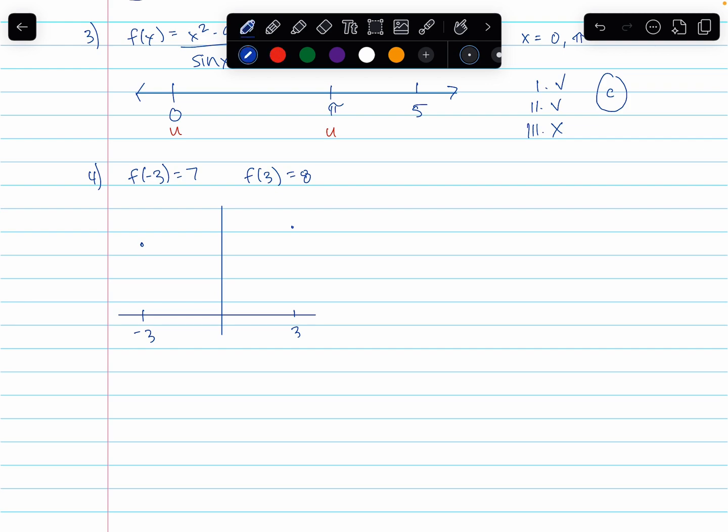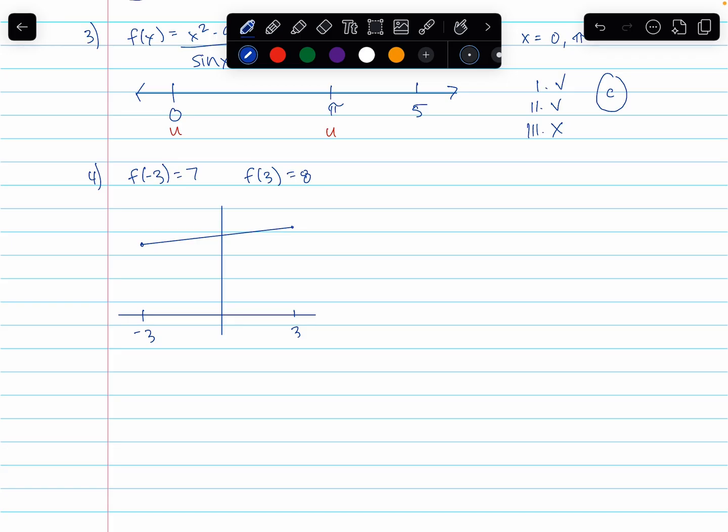Alright, as far as the mean value theorem, it says that the average rate of change will be equal to the instantaneous rate of change on that interval if it's differentiable, which it is.